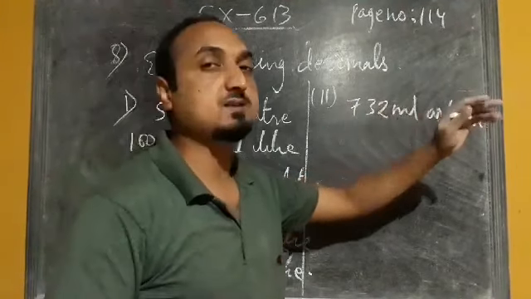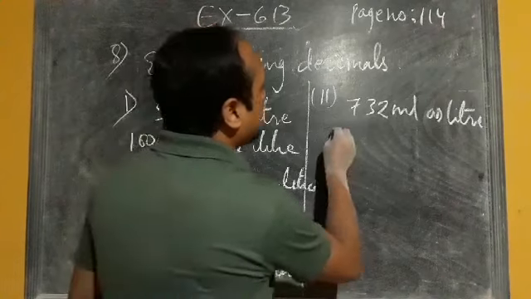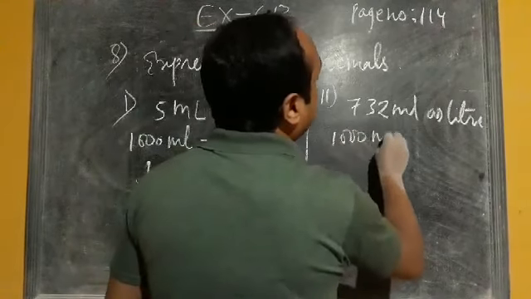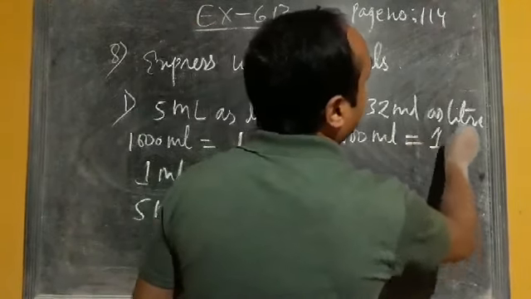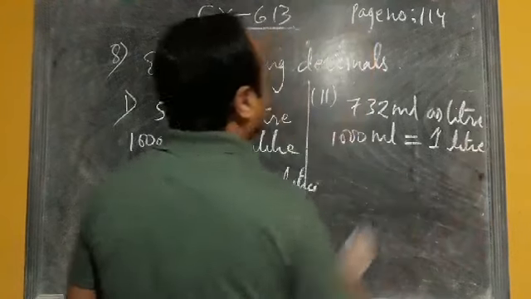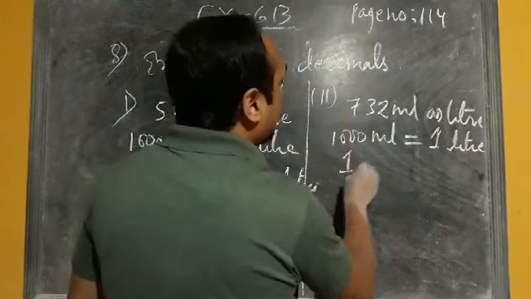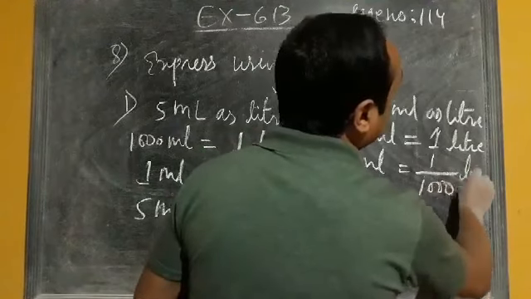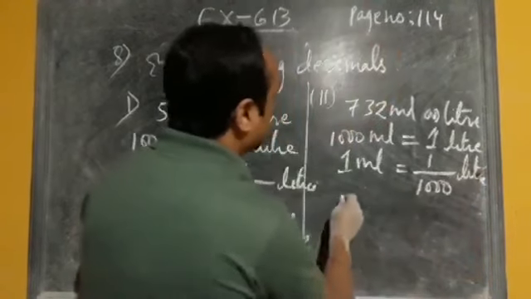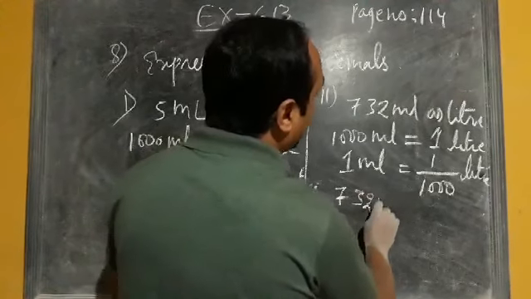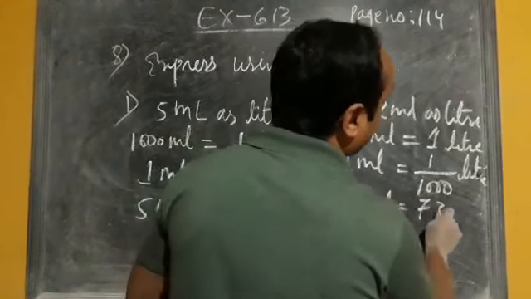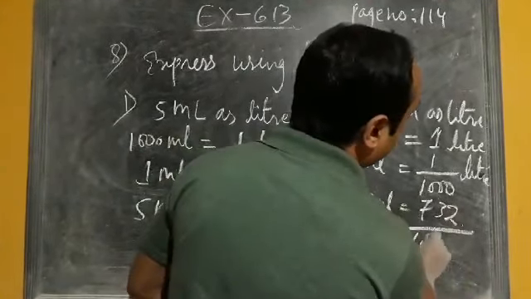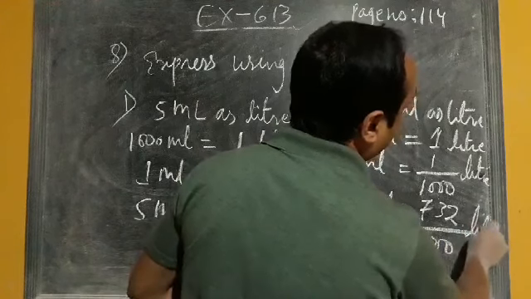Now next question we have 732 ml as liter. So we know that 1000 ml equals 1 liter. So 1 ml equals 1 by 1000 liter. So 732 ml equals 732 by 1000 liter.